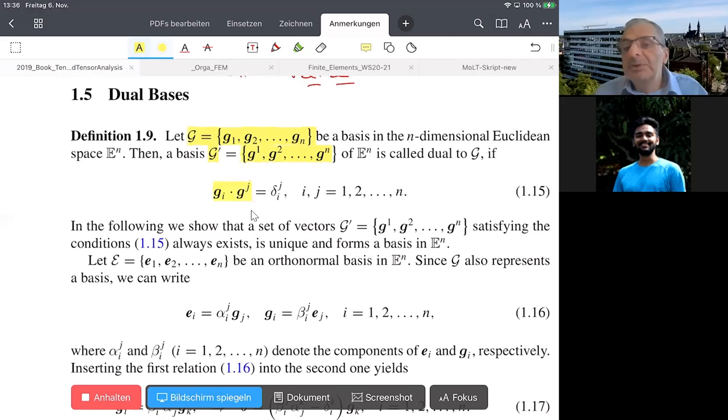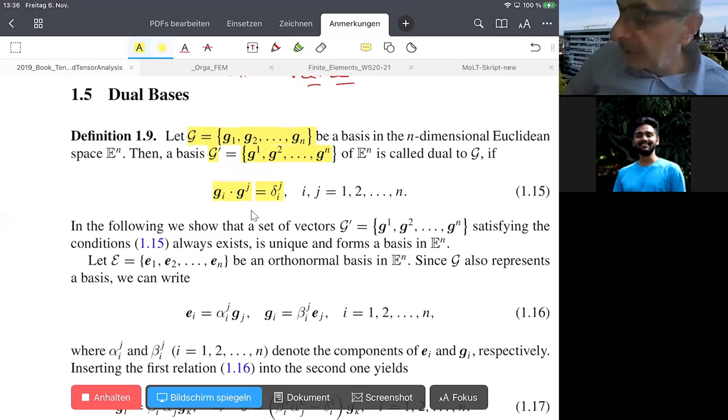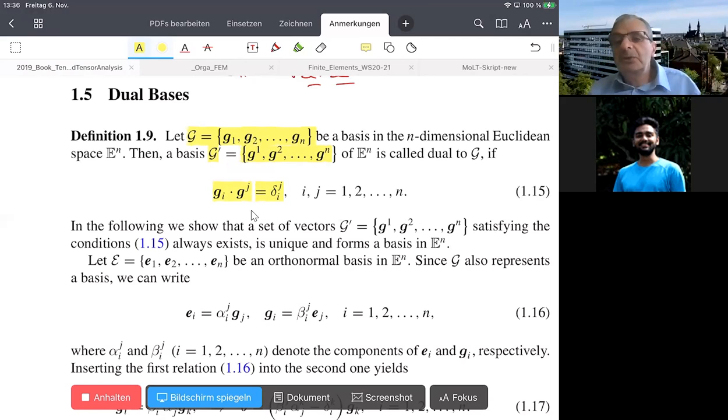The scalar product of our initial vectors Gi and this new basis G dash should be equal to the Kronecker delta. It seems to be the same as the orthonormal basis, but it is not the case, because in the case of the orthonormal basis we multiplied Ei with Ej, with the same basis.